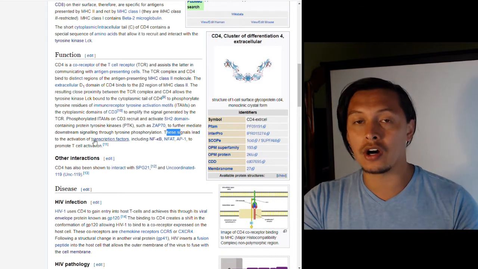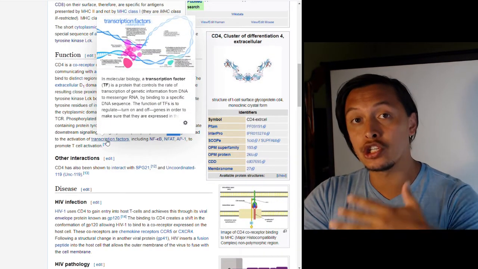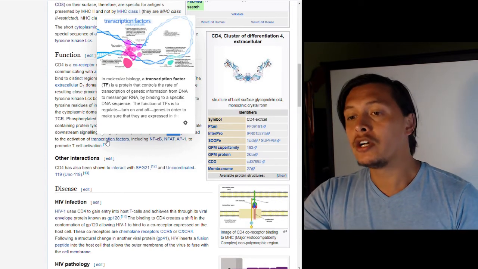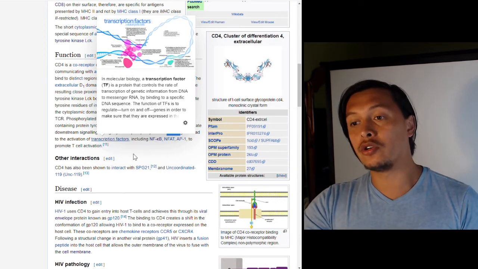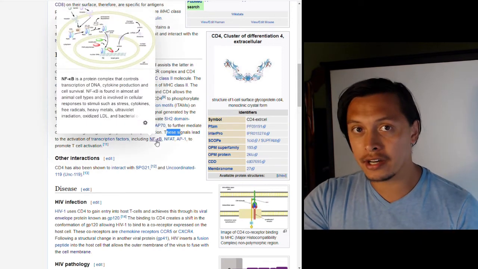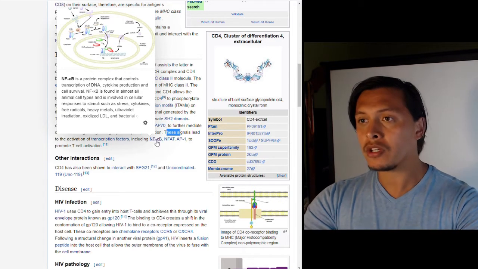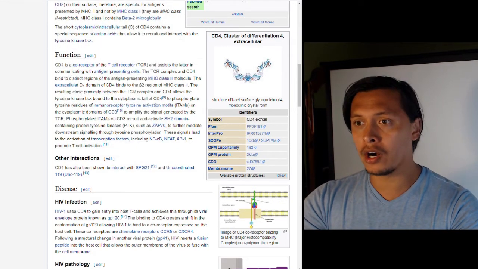These are proteins that influence DNA transcription into messenger RNA. Some of these include nuclear factor kappa B, which I had done a series of videos on previously. So that is the CD4 molecule.